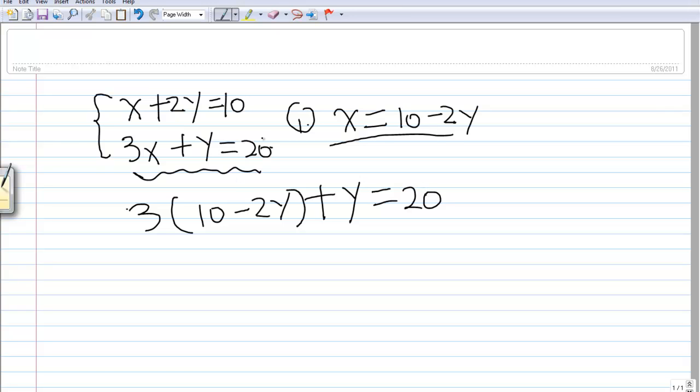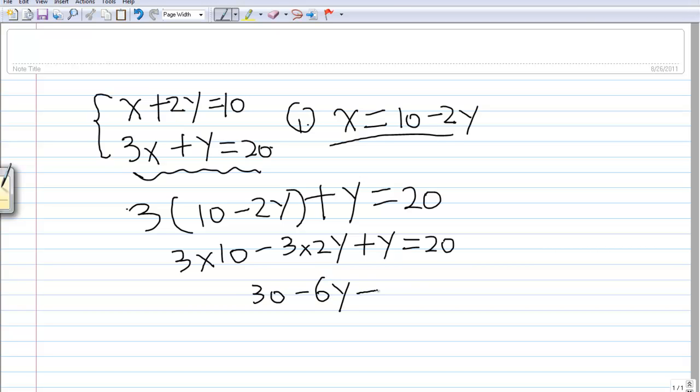Then we can expand it. We get 3 times 10 minus 3 times 2y plus y equals 20. So now we have 30 minus 6y plus y equals 20.